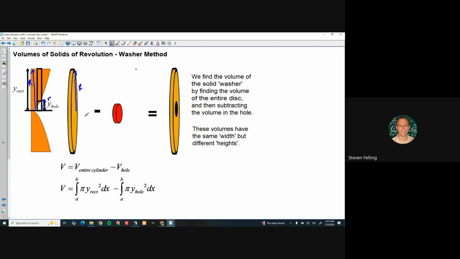If you were to just find pi capital R squared times, in this case, the x, that would give you the entire hockey puck. Then we'll subtract out the piece in the middle, the hole, by using pi little r squared, the radius of the hole, to get the volume in between the two, which is the volume of the washer.